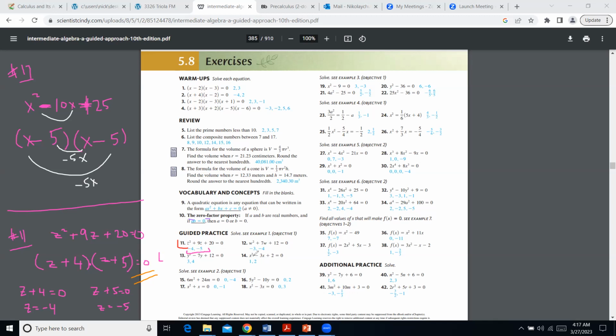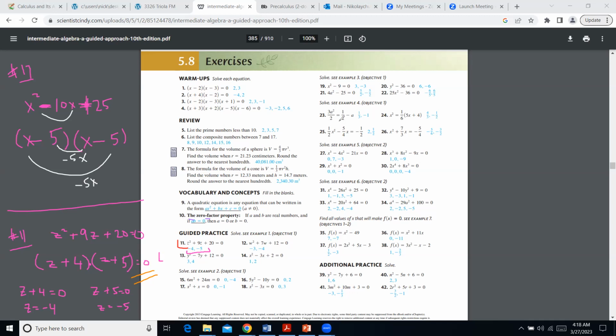So section 5.8 talks about one extra step that makes factors equal to 0. It doesn't really have any new ideas, but we're solving equations and we're using factoring.